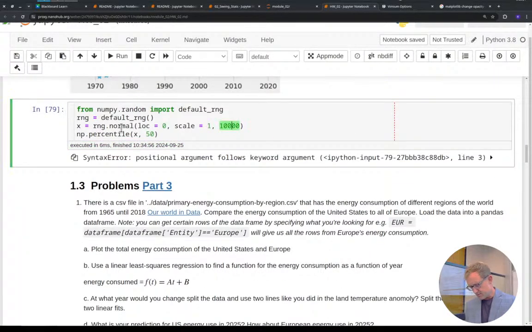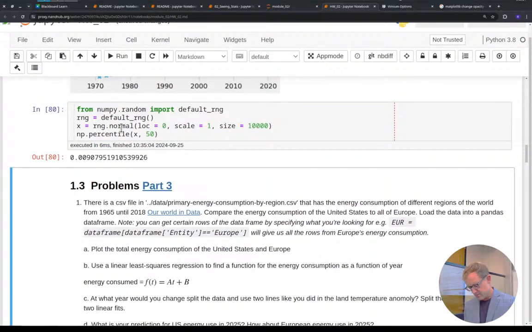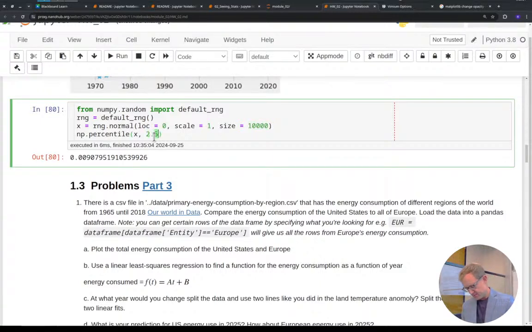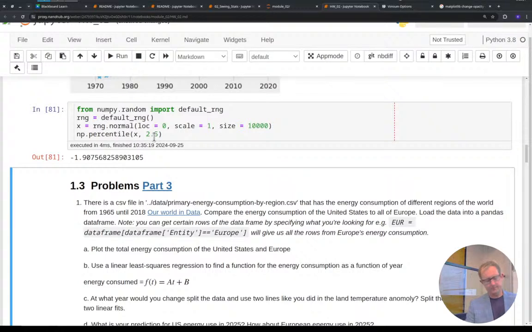The 50th percentile is going to be basically 0. And then for 2.5, it's going to give me the 2 standard deviation value. It's just plugging in the value of 2 standard deviations. So yeah, I guess it works, but just one.